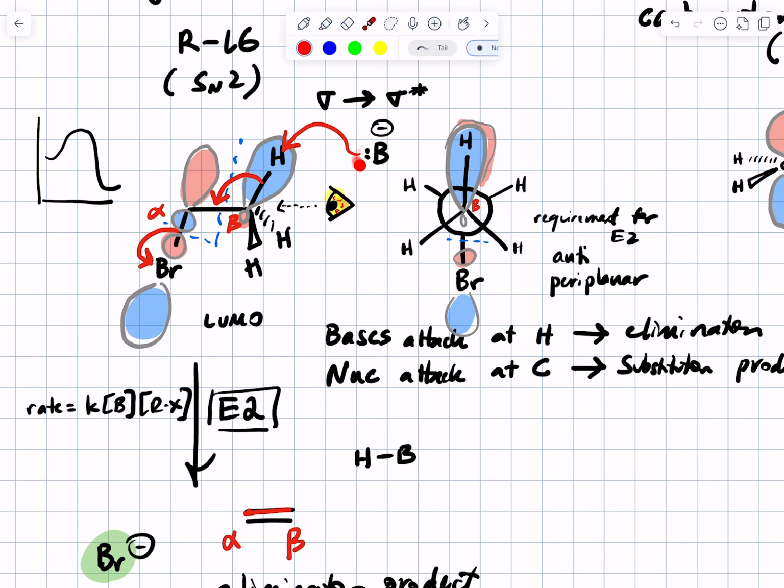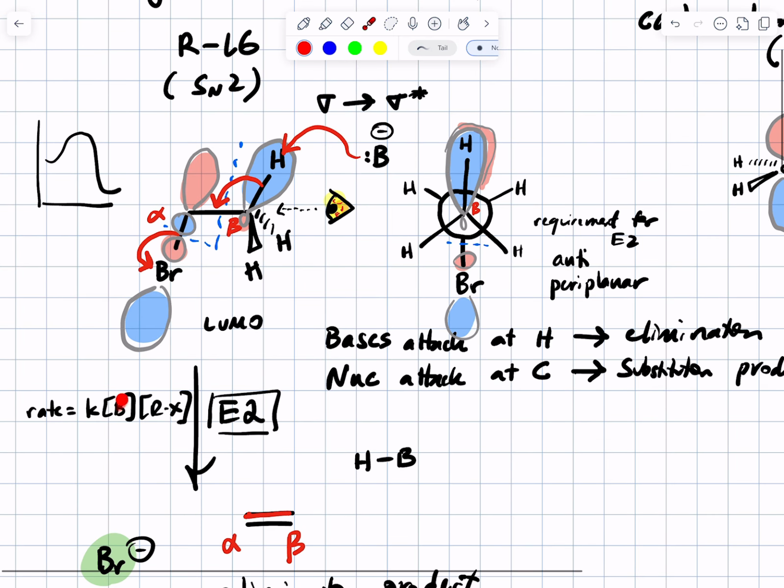That is, the base removes the proton at the same time as the carbon-carbon pi bond is forming, at the same time as the leaving group's breaking. One rate determining step, both the base and the electrophile show up in the rate law, which is where the 2 comes from. There's 2 concentration terms in the rate law.